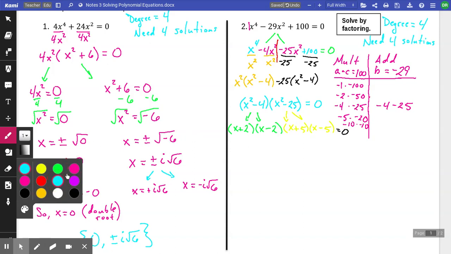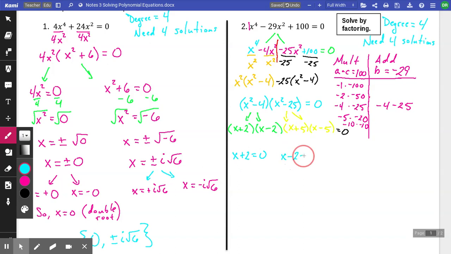So take each of your 4 factors, the x plus 2, set it equal to 0. X minus 2, set it equal to 0. X plus 5, set it equal to 0. And x minus 5 equals 0. So we just took each of our 4 factors, set them equal to 0, meaning we're going to get an answer from each, our 4 solutions that we said we needed a while ago.